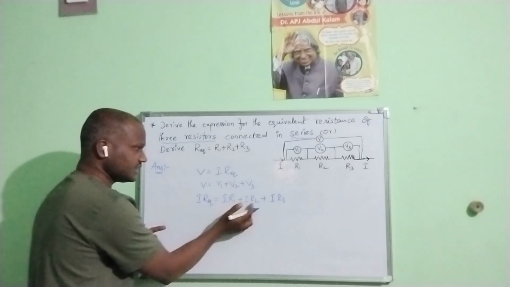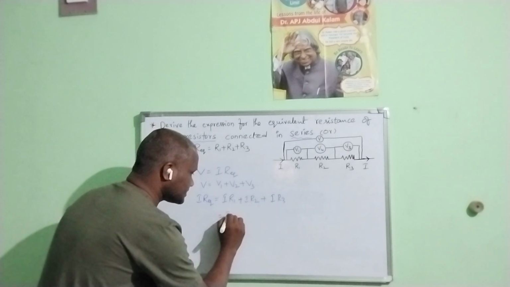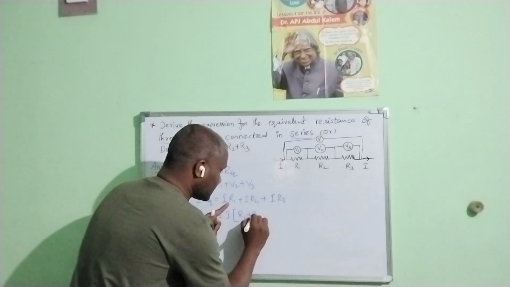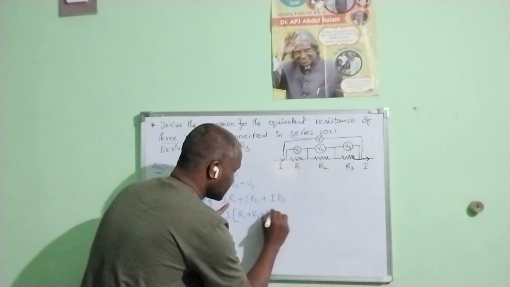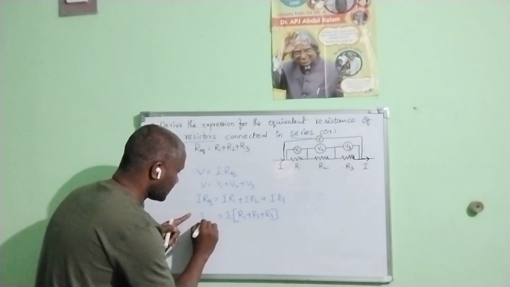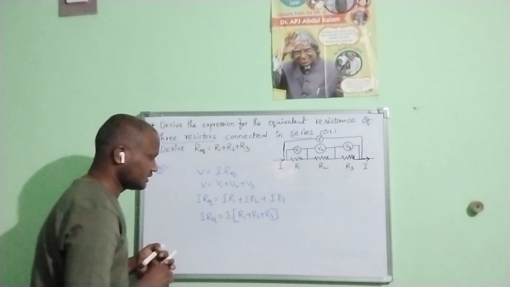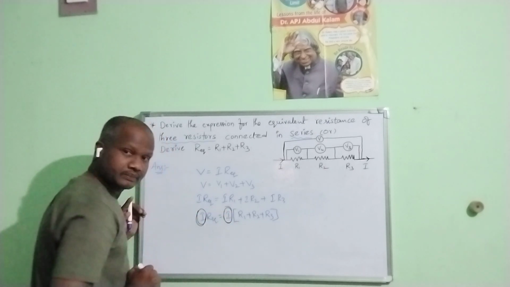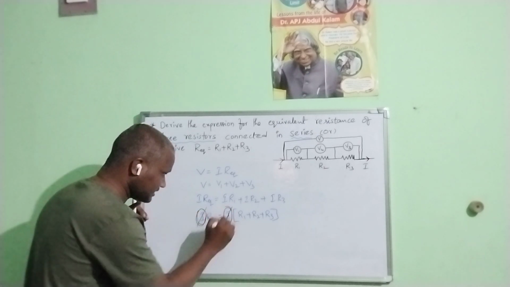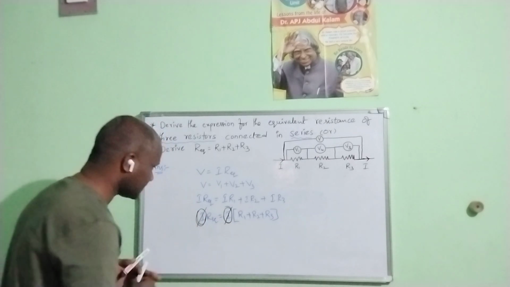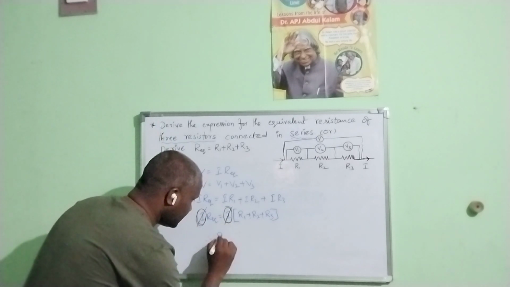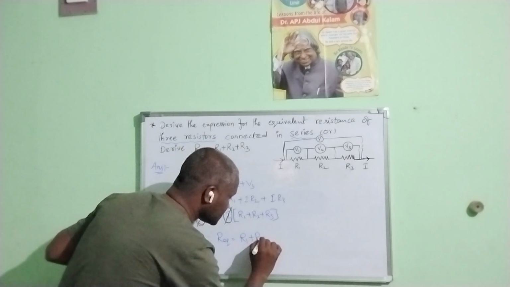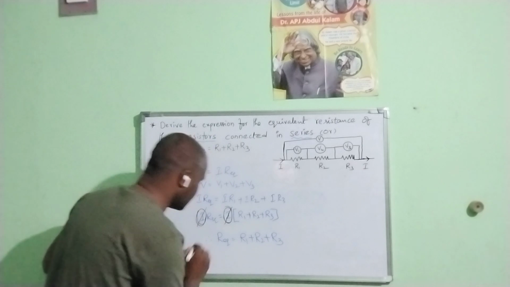So on the right hand side current is common, that is I, times R1 plus R2 plus R3. On the left side also we have I into R equivalent. So on both sides current is common, so we can cancel this current. By cancelling we get equivalent resistance is equal to R1 plus R2 plus R3.